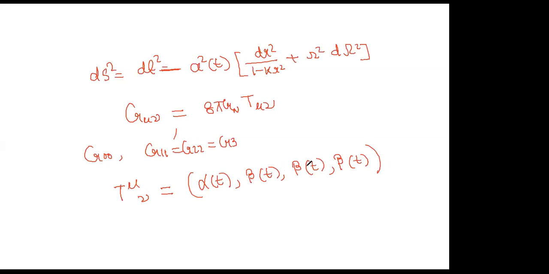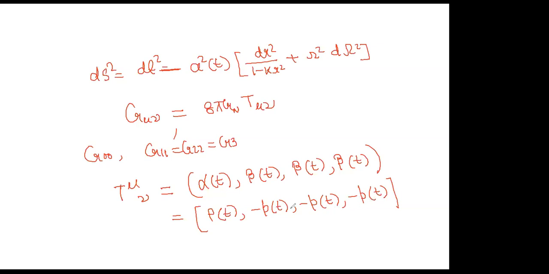Now this structure that I have written here is a structure for an ideal fluid, where we can relate this rho as the energy density of the fluid, and these are related to the pressure of the fluid. So, keeping consistency, I just write like minus, but remember that I am not saying that this P is always positive.